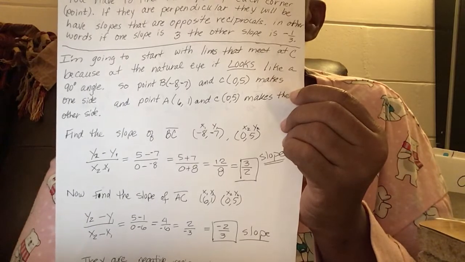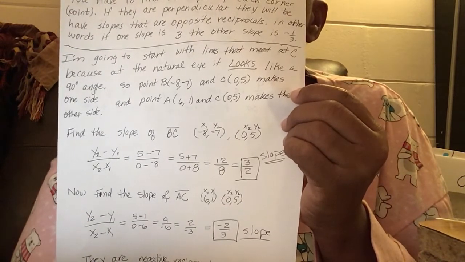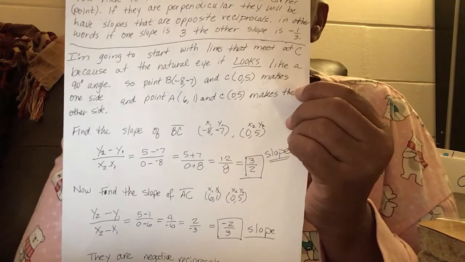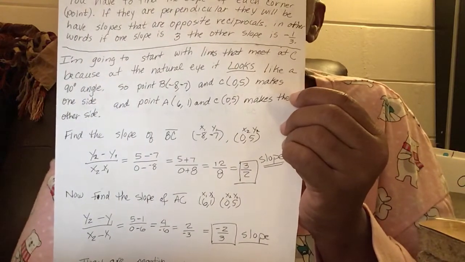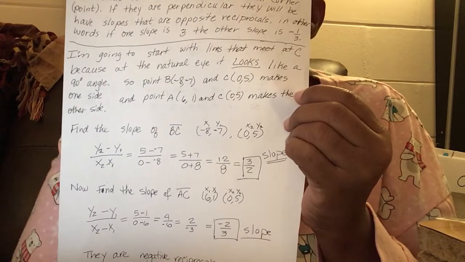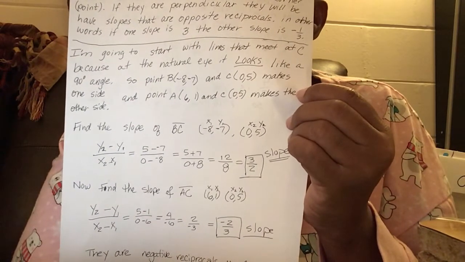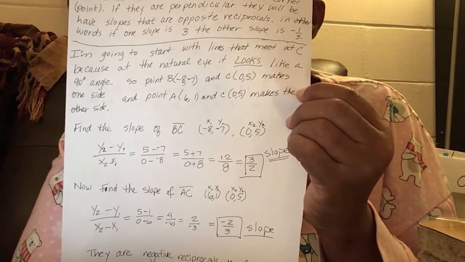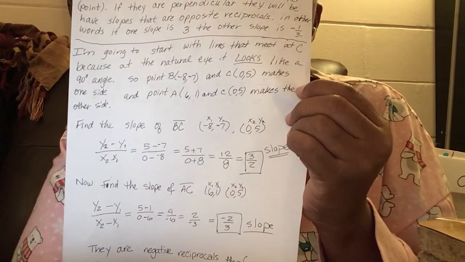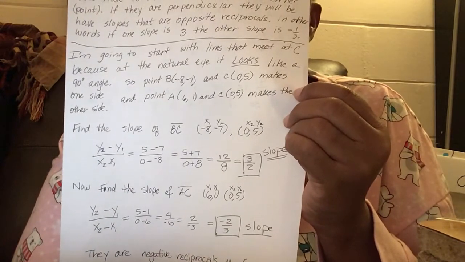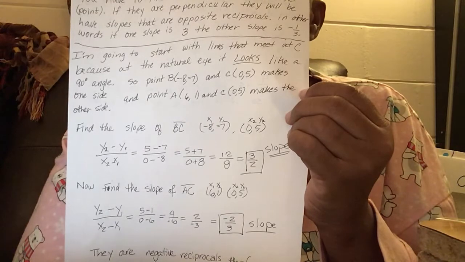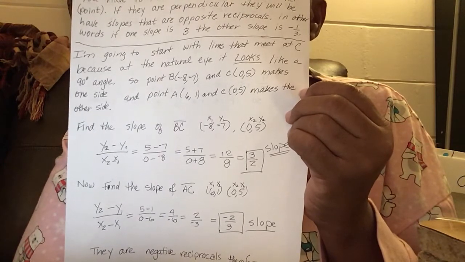So point B, which is at -8, -7, and point C, which is at 0, 5, make one side. And point A, which is at 6, 1, and point C, which is 0, 5, make the other side.